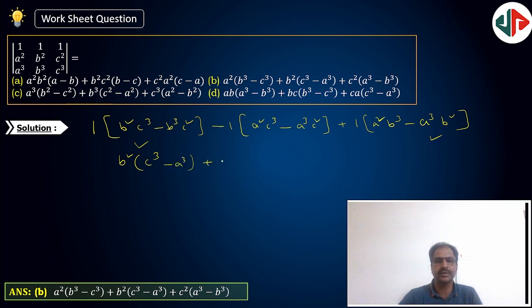Now take c square common from these two, plus c square into a cube minus b cube. Next take a square common from these two, b cube minus a cube. Option B is correct. Just expand the determinant by taking first row.